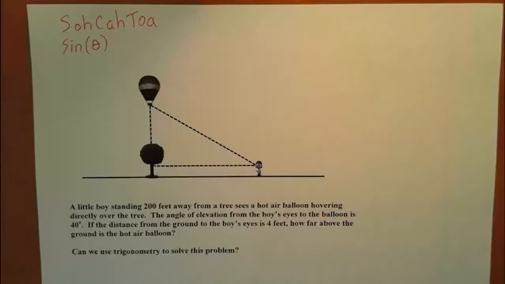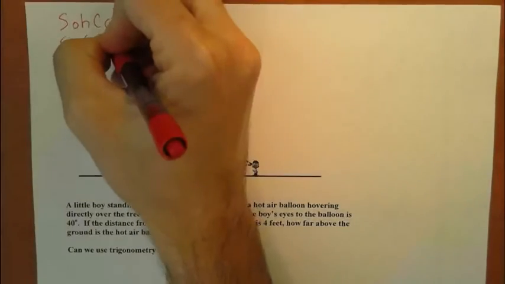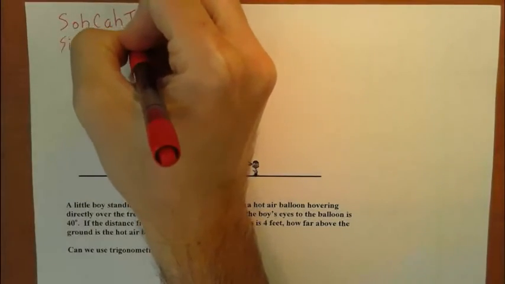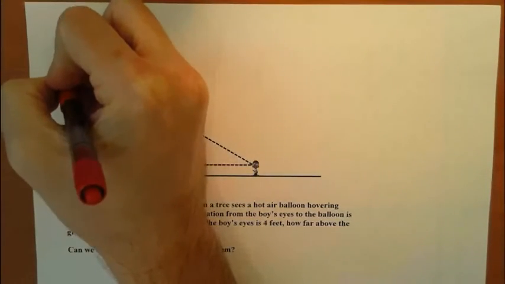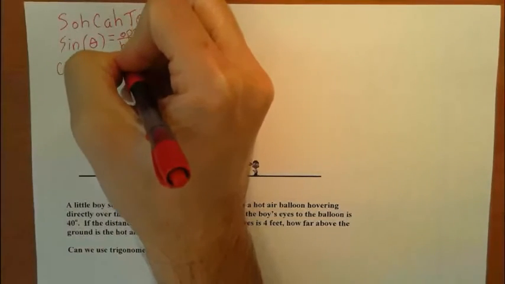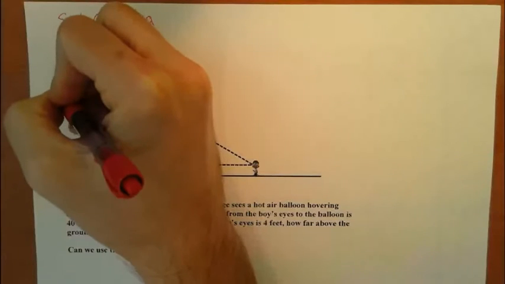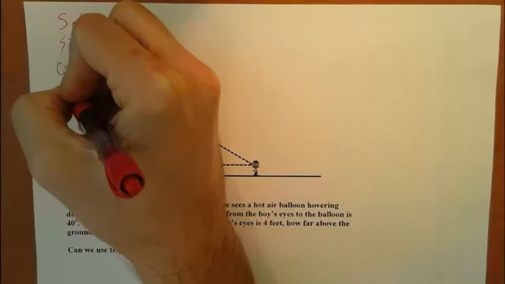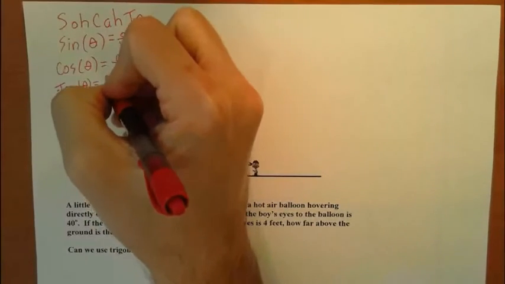We can have that equal opposite over hypotenuse. Cosine of theta is going to be adjacent over hypotenuse, and tangent of theta is going to be equal to opposite over adjacent.